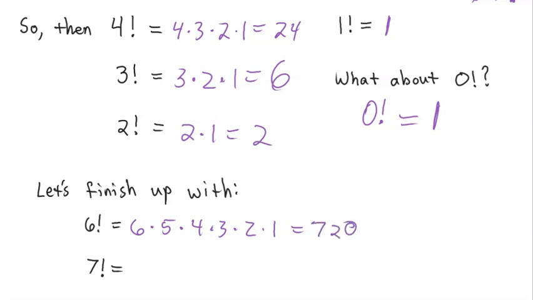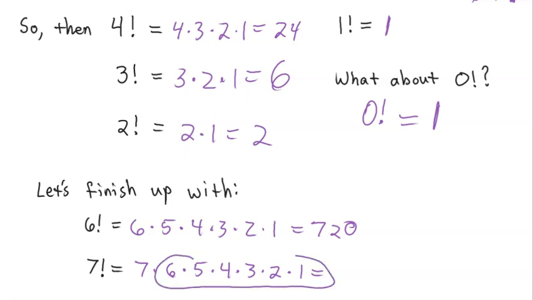And now 7 factorial is going to be 7 times 6 times 5 times 4 times 3 times 2 times 1. Okay, now notice this 6 times 5 times 4 times 3 times 2 times 1. We just did that right here. So this right here is 720. This is the same thing as saying 7 times 6 factorial, okay?